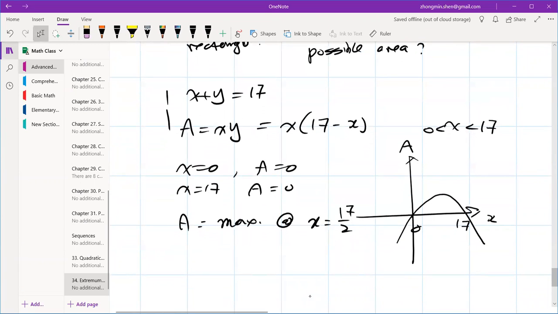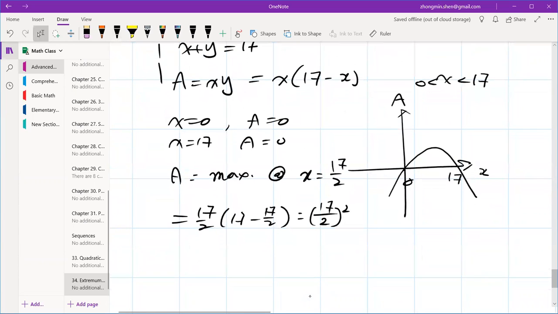Okay, then we want to find the maximum value of the area. So that is going to be 17 over 2 times 17 minus 17 over 2, which is 17 over 2 squared. Okay, so this is the largest possible area you can get, when it is a square.